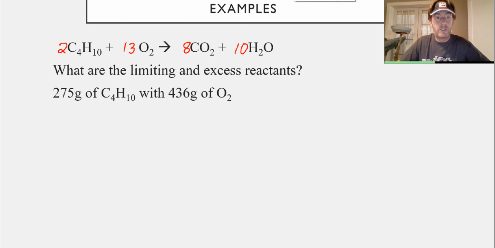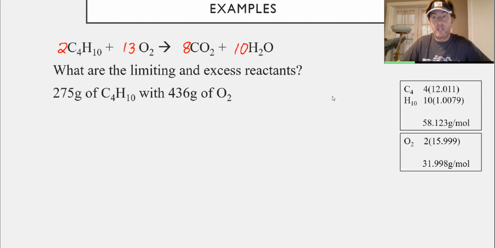Now, as we're setting these up, we have grams. So just like I showed you in the previous slide with our mapping, we're going to need those molar masses. So I already put those up here for us. 4 carbons and 10 hydrogens gives us a molar mass of 58.123 grams per mole for butane.